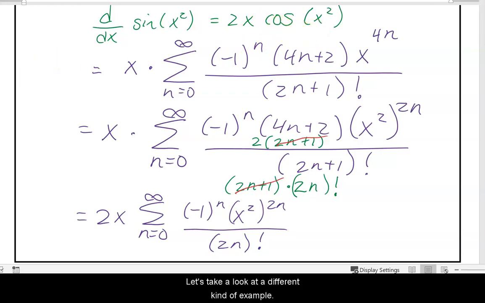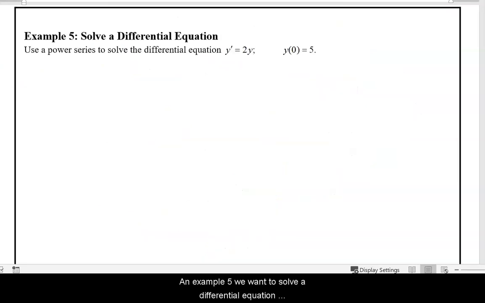Let's take a look at a different kind of example. In example 5, we want to solve a differential equation using a power series. This is in fact what's called an initial value problem because I do know something about the original function, which we have written as y of x.